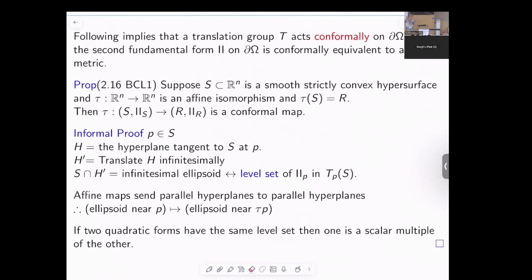Those are what the possibilities are. So one is classifying, if you like, strictly convex surfaces in affine space that are properly embedded. Well, an example of a strictly convex surface is a sphere. So we want a non-compact, strictly convex surface in affine space, which admits a transitive group of affine maps acting on it. Those groups are these groups, and lattices in those groups are generalized cusp groups.